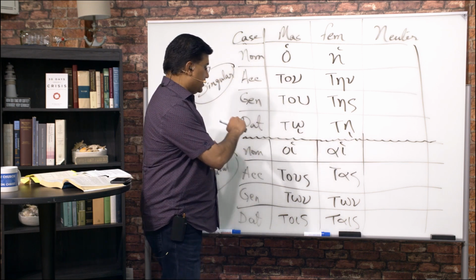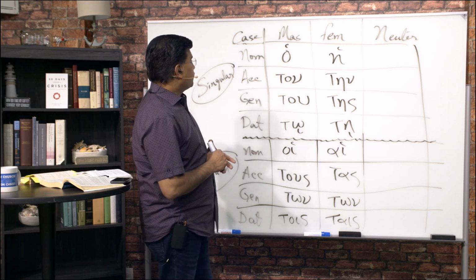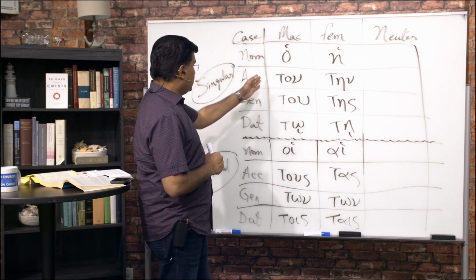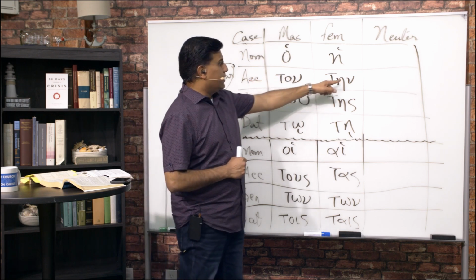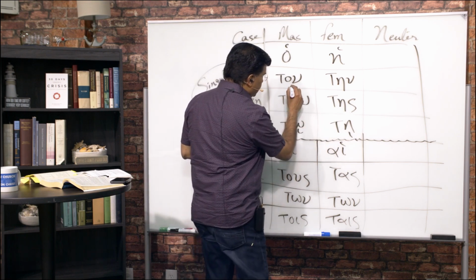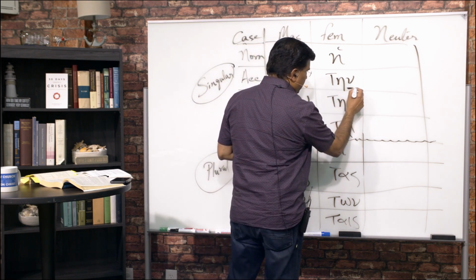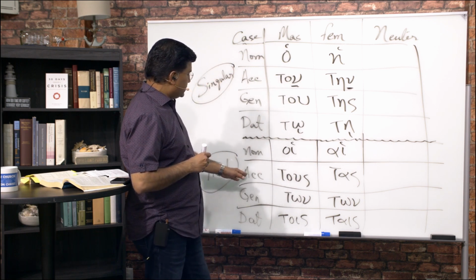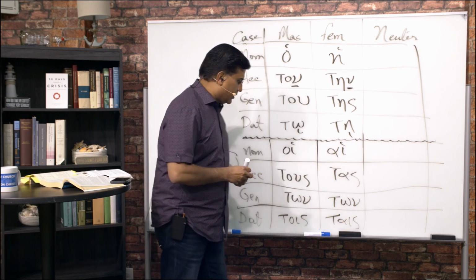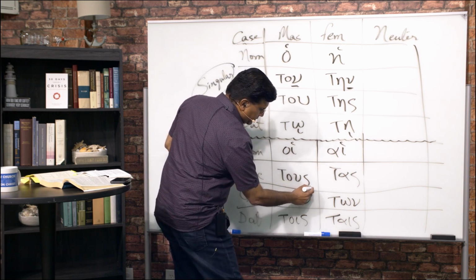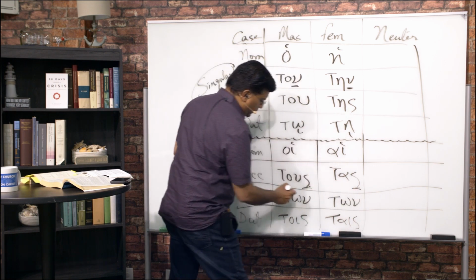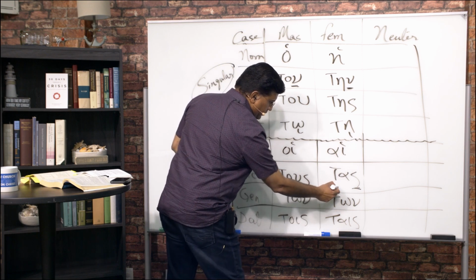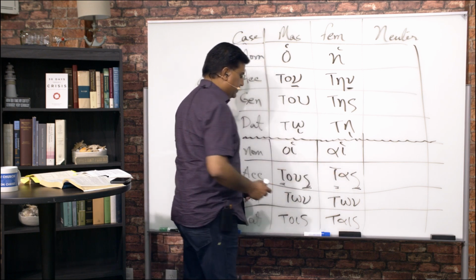It's kind of like a diphthong there. And then in the accusative singular ton, and here is tain, there's a similarity there with the N sound. And then in the accusative plural, you have tous and tas. So yes, once again, you see the S sound. Of course, the T is common too, but instead of U, that's a here.